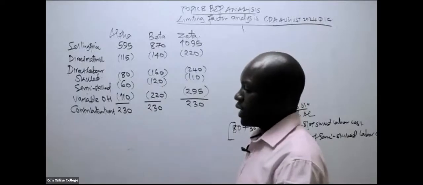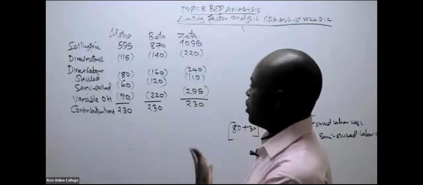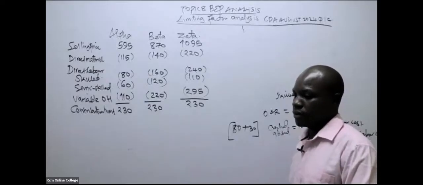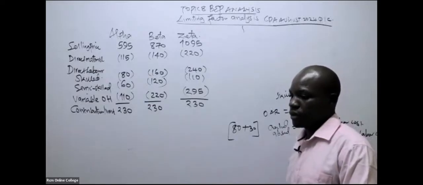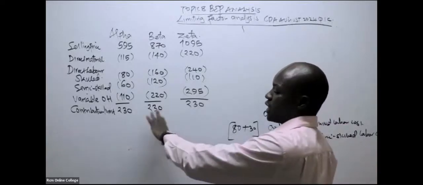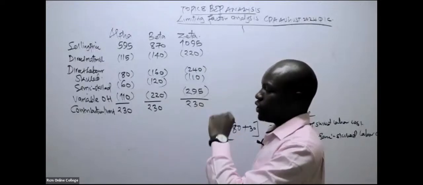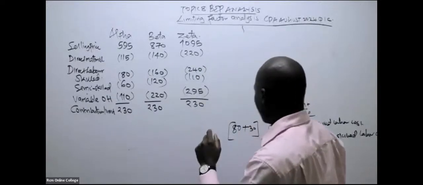Good. So if you are to select the most profitable product, which one will you go for? At this point, you cannot tell what you'll be going for. But I want you to do this so that you know the product that you'll be going for.